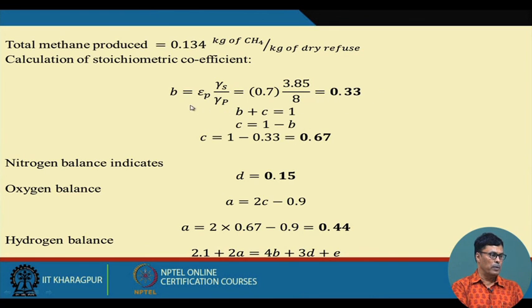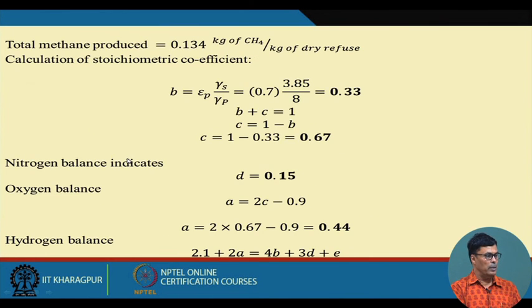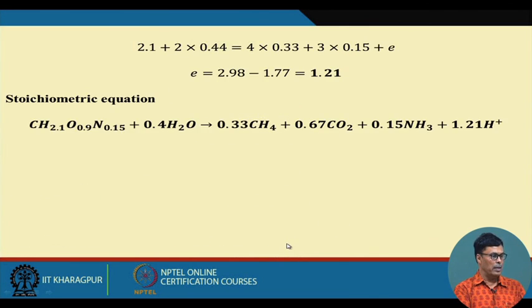Once we know the b value, we can find the c value, because from the carbon balance b plus c equals 1. Like this we can find the d and a values, and when we calculate all these balances as before and put the coefficients in this equation, we get the complete stoichiometric equation. So this is how we can write the complete stoichiometric equation.